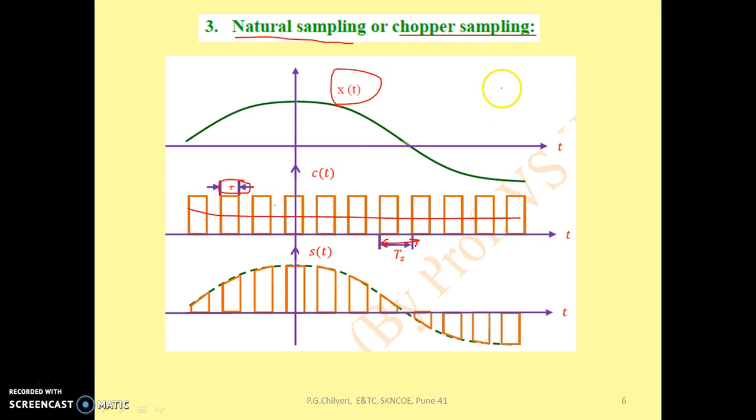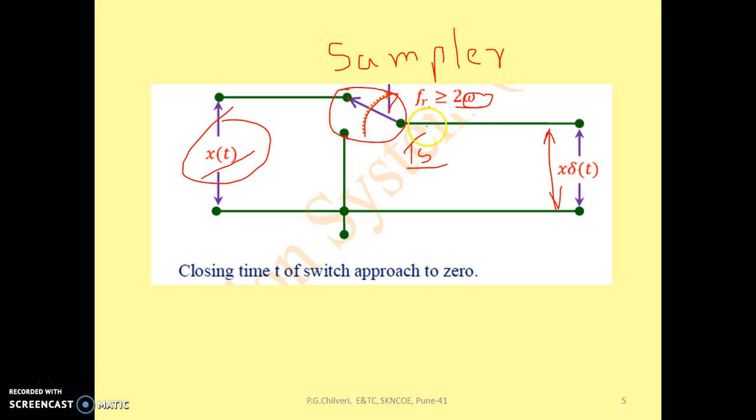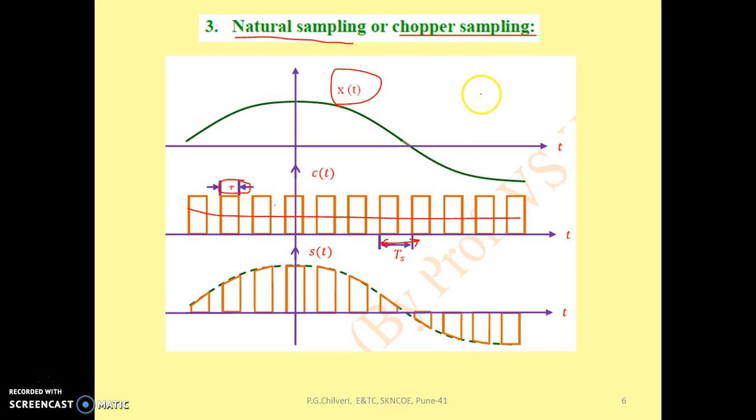The same circuit we used for ideal sampling can be used to generate natural sampling. The only thing is that here the switch is a practical device. Normally a transistor or a FET is used to generate the natural sampled signal, something like this. Here you have the input signal x of t.